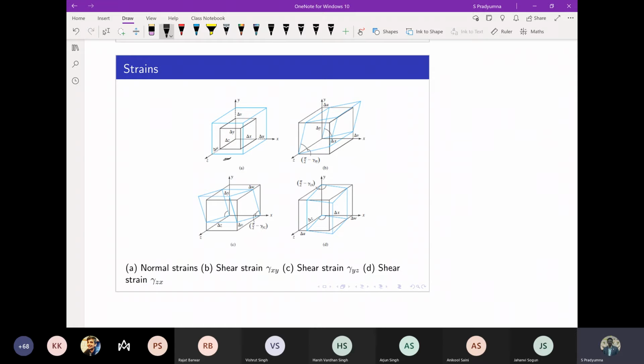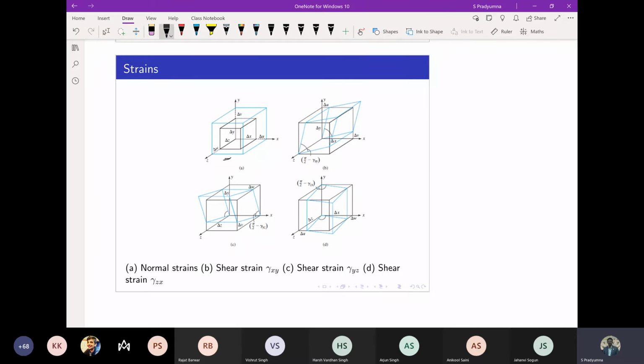That means the volume has changed. The length delta x has become delta x plus delta u, delta y plus delta v is the changed length here, and delta z plus delta w is the changed dimension because of the application of this.